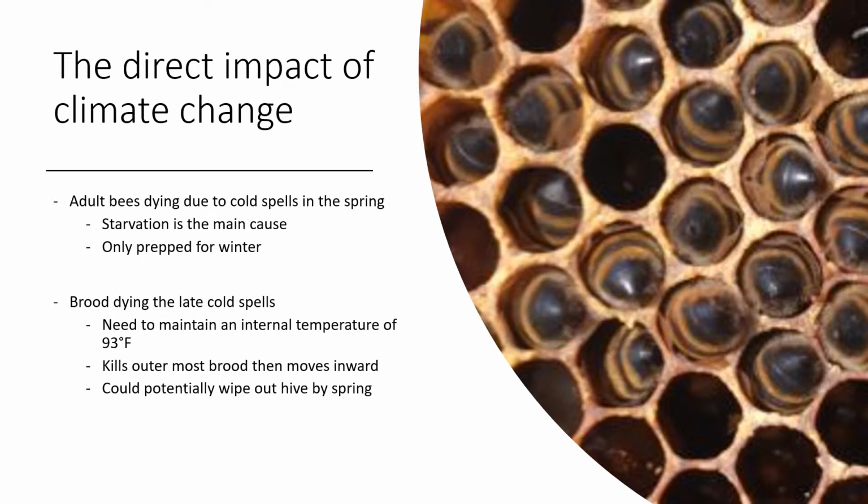And what happens is the outermost brood dies because they begin concentrating more on the center, where more of the brood is, and the death will just keep moving inward and inward and inward until most, if not all, of the brood is entirely wiped out just because they're trying to keep what they can alive. And this can easily wipe out an entire hive by the time spring actually rolls around. So those are the direct impacts of climate change on bees, and I will now look at the indirect impacts.